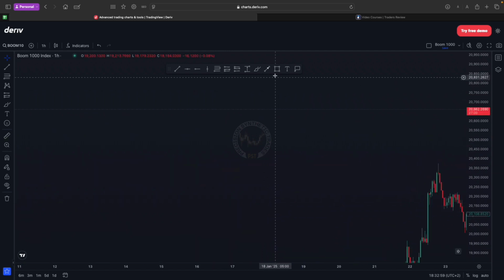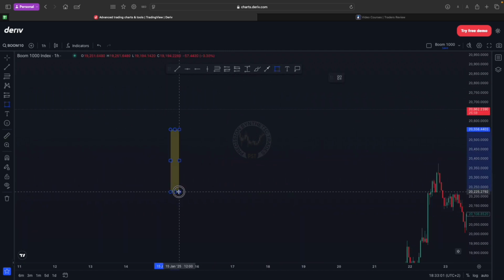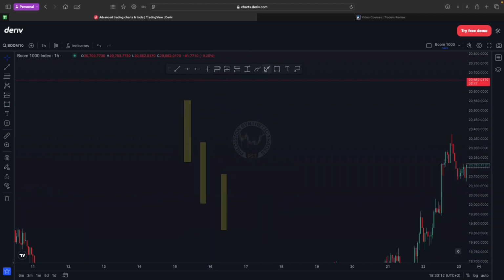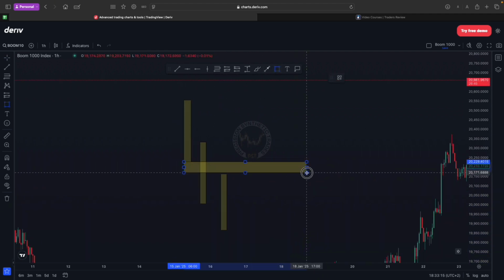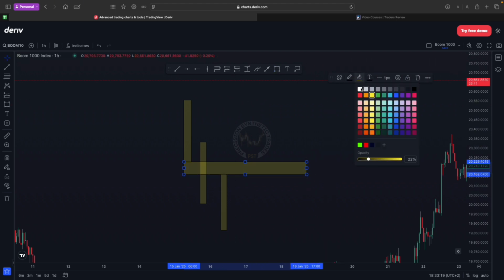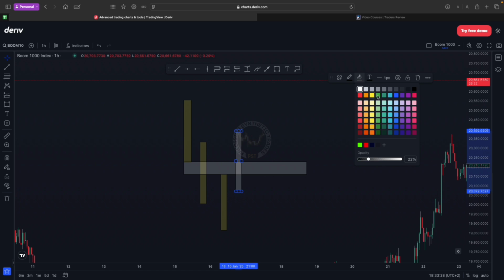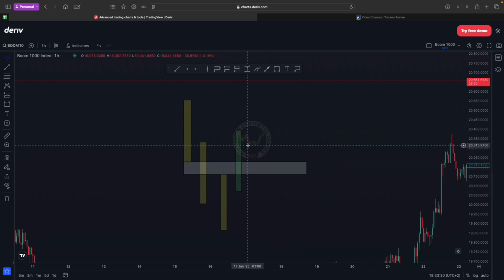So an inversion fair value gap is when you have a fair value gap, when you have your candles going down, for example, and we leave a fair value gap. And then all of a sudden price moves away from that fair value gap, and price does not respect that fair value gap.